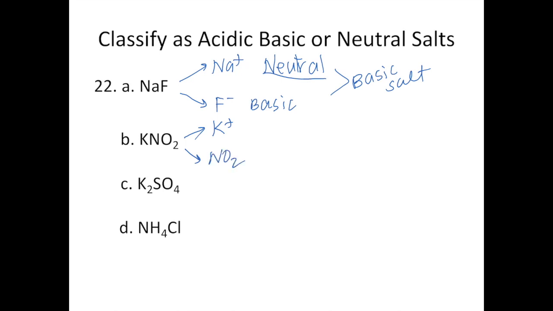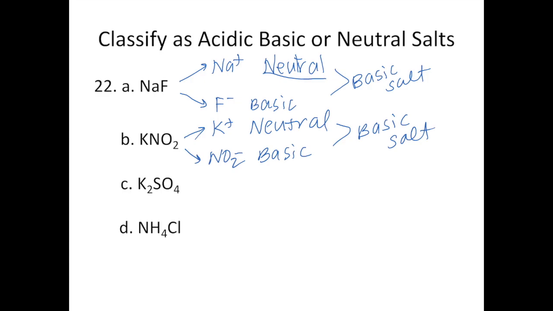All right, K plus, that came from KOH, which is strong, so this guy's neutral. NO2 minus came from HNO2, which is nitrous acid, which is a weak acid, which means this guy's acting as a weak base. Overall, basic salt.